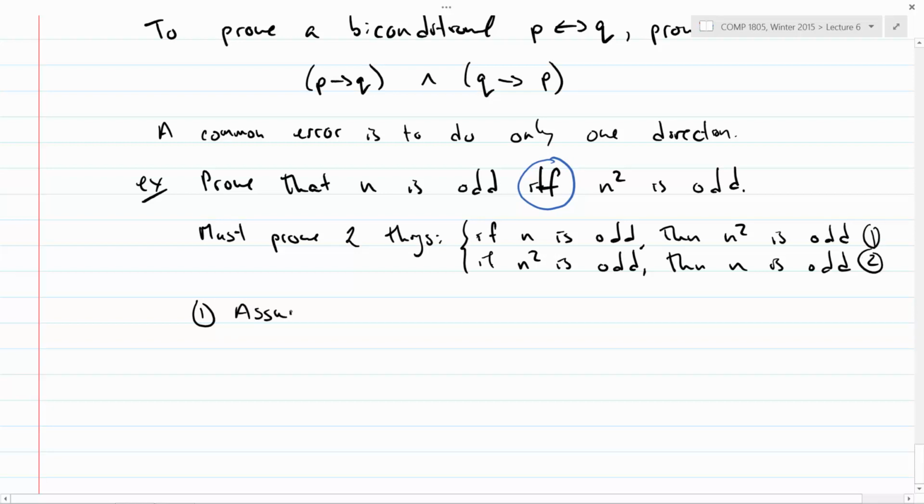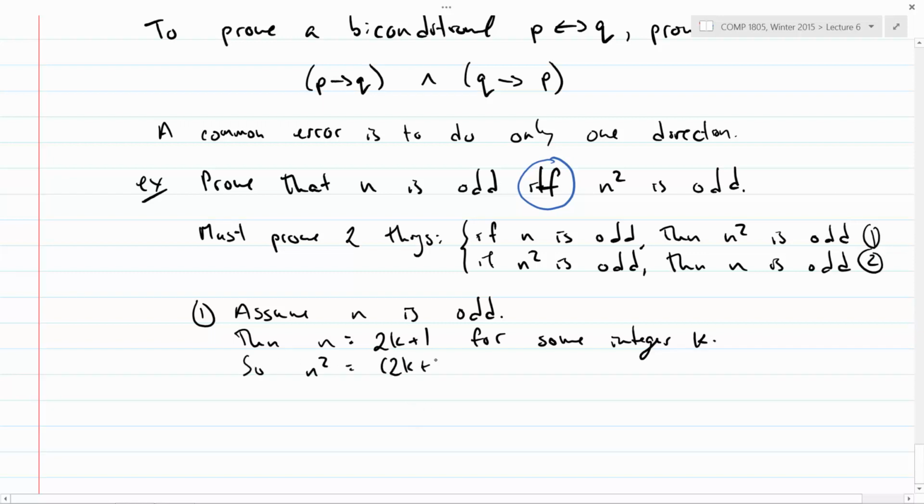Assume n is odd. Then n equals 2k plus 1 for some integer k. So n squared is equal to (2k plus 1) squared, which is 4k squared plus 4k plus 1, which is equal to 2 times (2k squared plus 2k) plus 1.